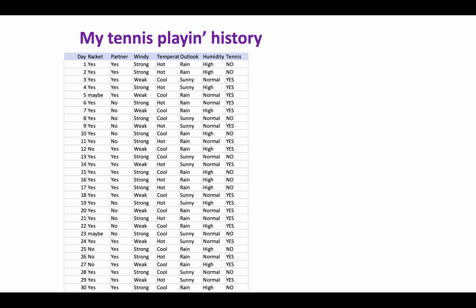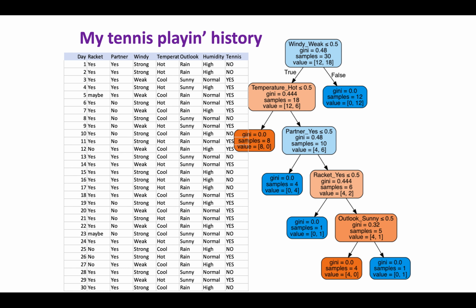Now, I'm a numbers fetishist. So I play tennis, and for a month I recorded whether I went to play tennis, whether I had my racket with me, whether my partner was available, whether there was a lot of wind, what the temperature was, what the weather outlook was, and whether the courts were wet or not. If you feed this in, the algorithm determines a decision tree very easily.